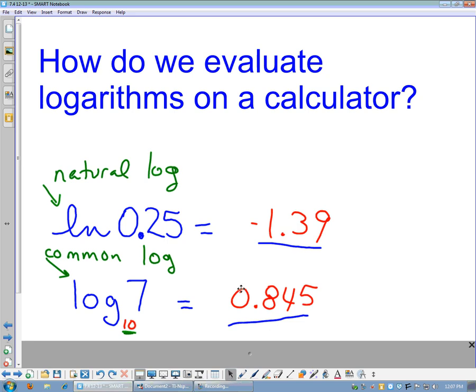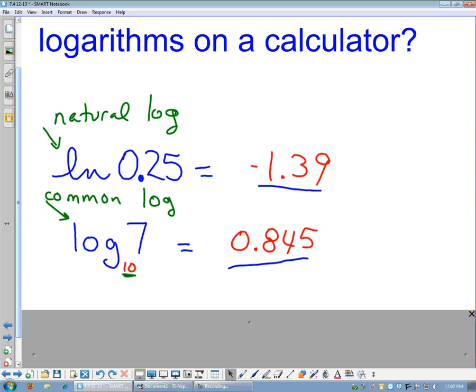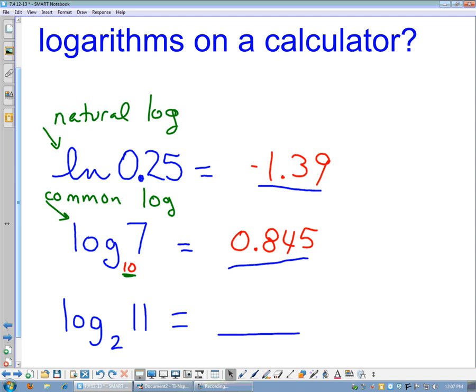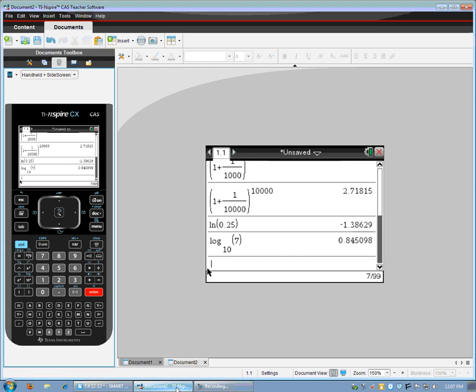All right, and I think I have one more example. Oh yeah, back to the very first question I asked you in the first video guided. We were saying 2 raised to what power gives you 11. Let's actually figure that out on the calculator. That's log to the base 2 of 11. So that would be control 10 to the x.